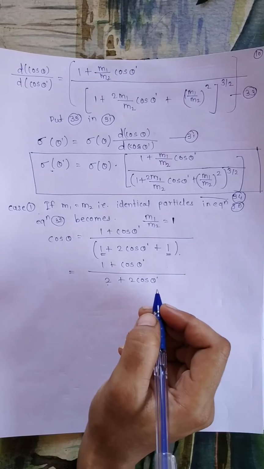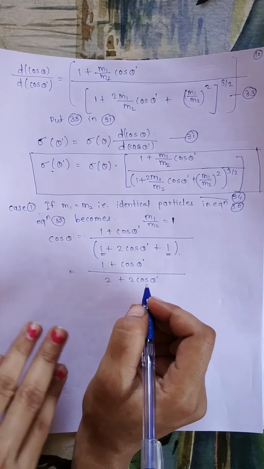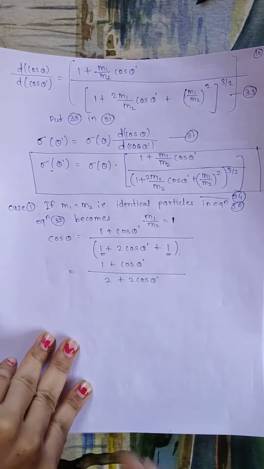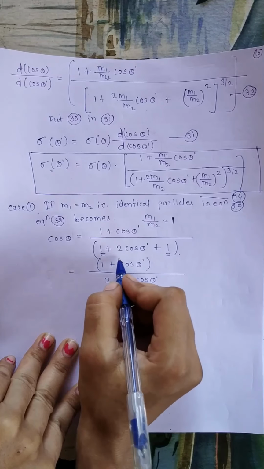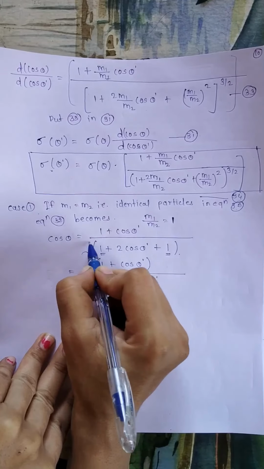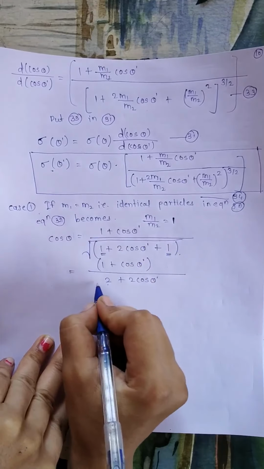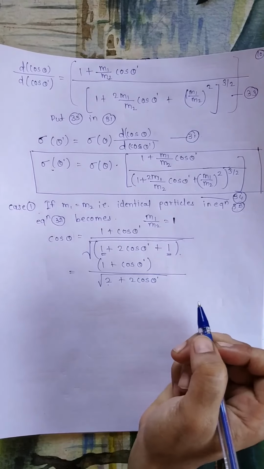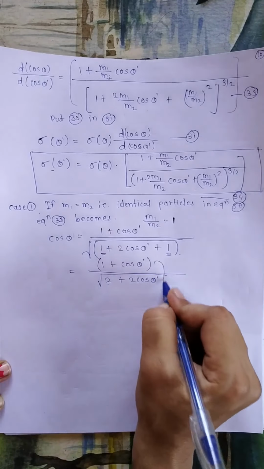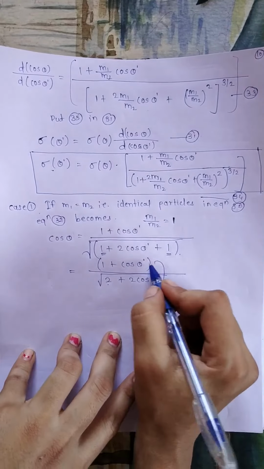Now here we will take this term. If you observe, this quantity was in a square root in equation 32, so there is a square root over here. Now if we take this part inside the square root, it will get squared.